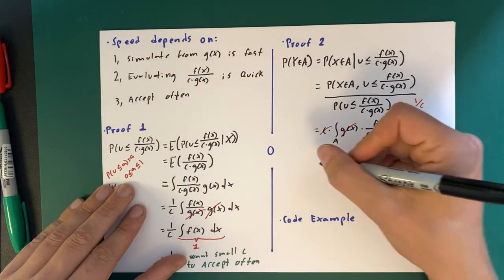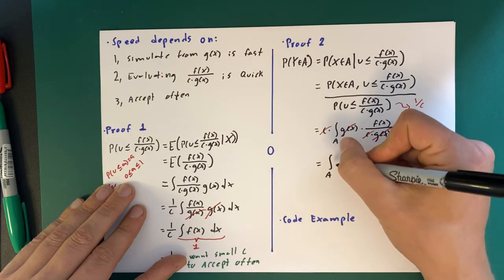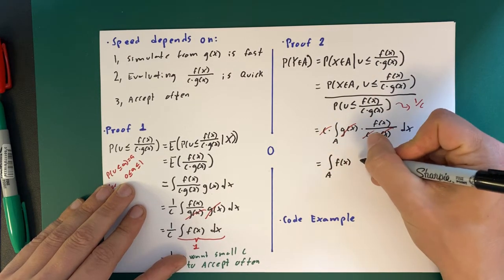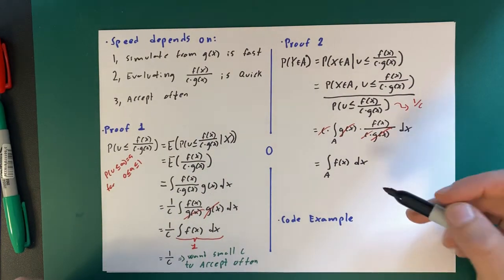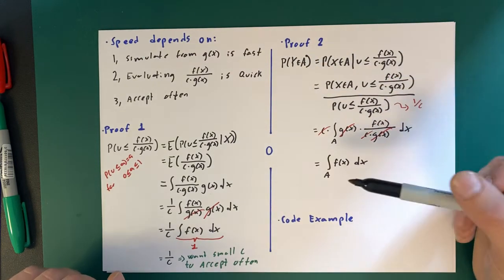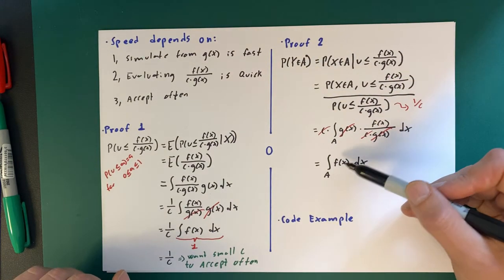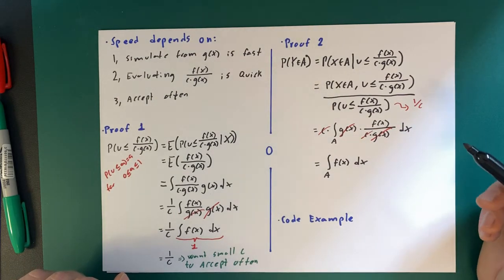We're left with the integral over A of f(x) dx, and that's exactly what we're looking for. The probability of Y belonging to some set A is the integral of the target distribution, what we're looking for.